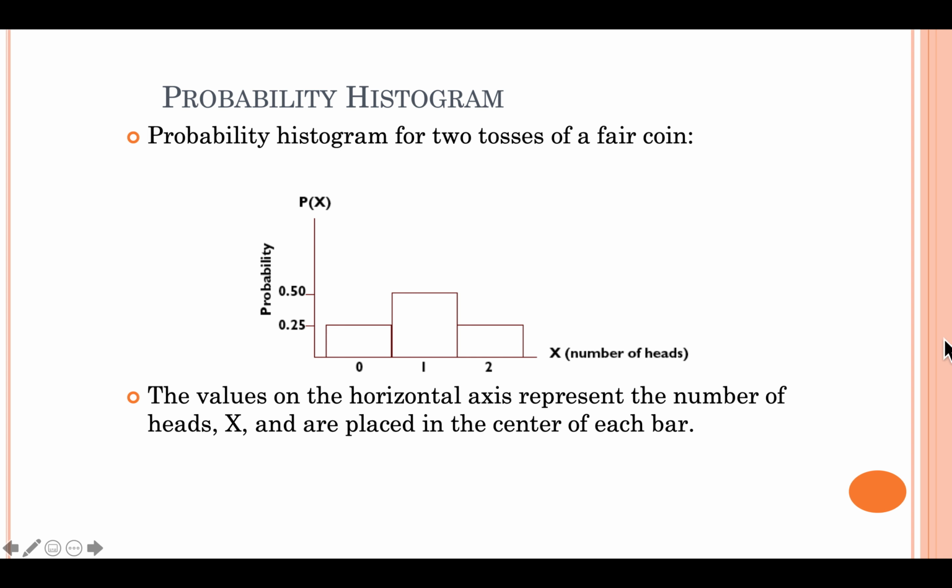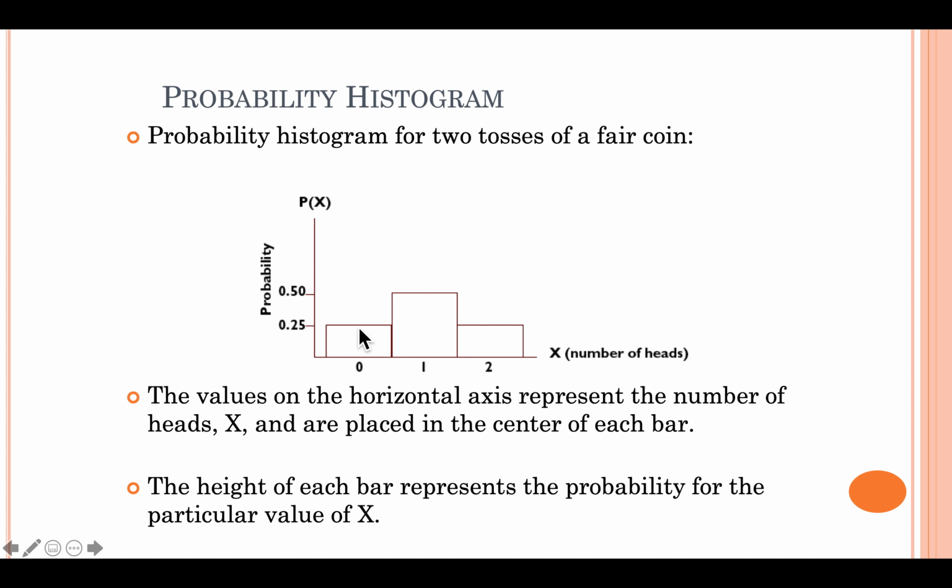Okay, so one of the things to remember is that the values of X are centered in the middle of each histogram bar, and the height represents the probability.